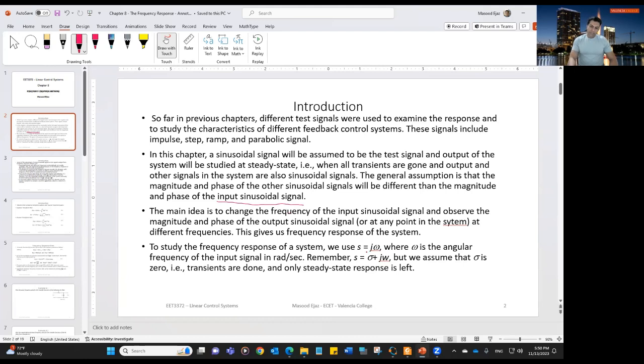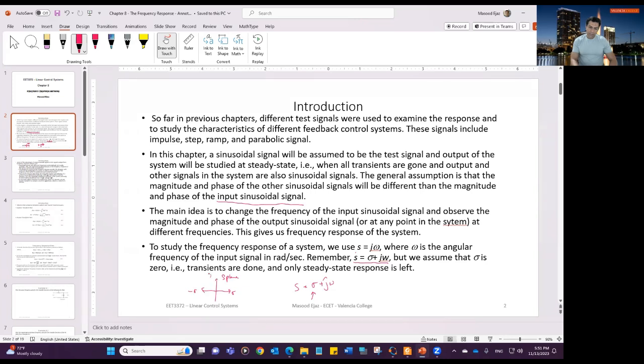Now, when we are studying frequency response, our Laplace variable is s = sigma + j omega. Anybody remember what is sigma and what is j omega? What does sigma represent? On the S plane, sigma is the real axis.